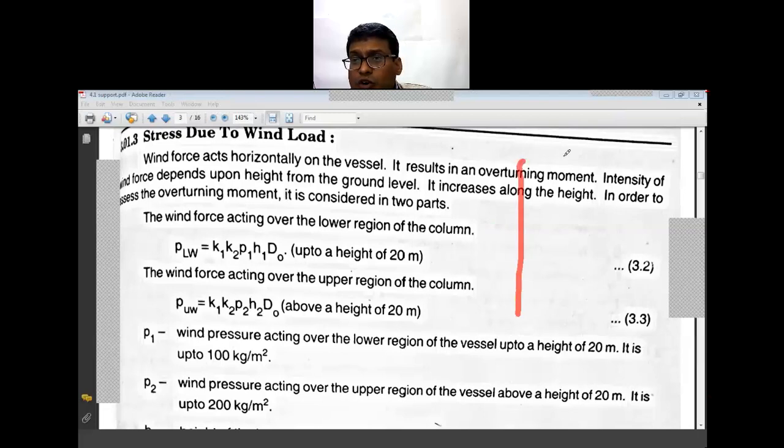If this is a column having a height of more than 20 meters, then the wind force acting on the column is considered in two parts.